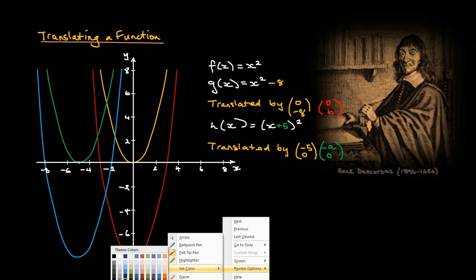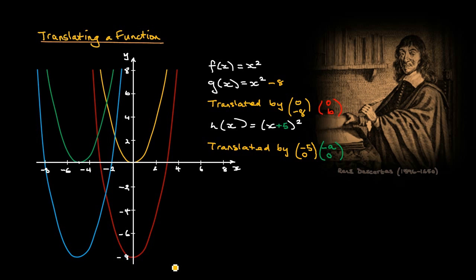So a combined translation is going to be the resultant vector, in this case 0 plus minus 5, so 0 minus 5, in other words minus 5. That moves it to the left. And minus 8 plus 0, in other words minus 8, and that moves it down.